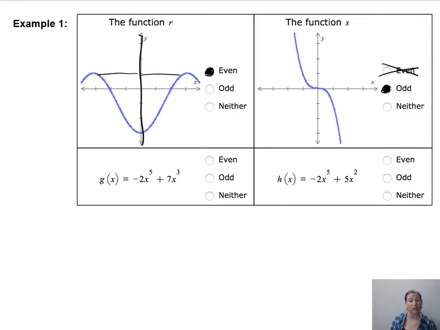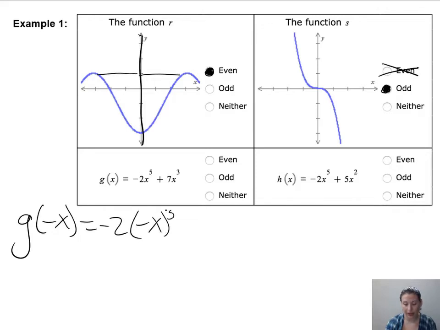We actually want to plug in x and negative x. Well, we already know what g of x is. It's negative 2x to the 5th plus 7x cubed. We want to now plug in g of negative x. Well, that means we have negative 2 times negative x to the 5th plus 7 times negative x to the 3rd.